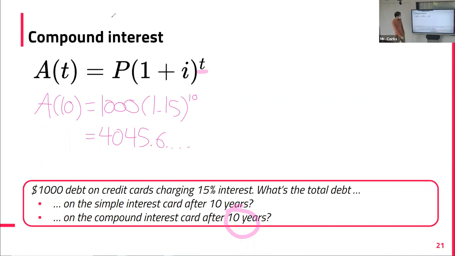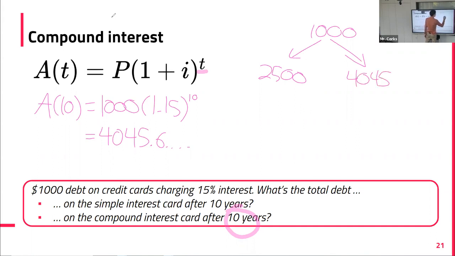Okay, so there is the value of this after 10 years. So compare the simple interest to the compound interest here. On simple interest after 10 years, the value went up from 1,000 to 2,500. On compound interest, it's gone up to 4,045. So big difference again between the two.